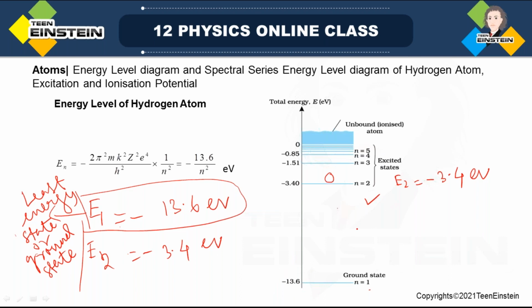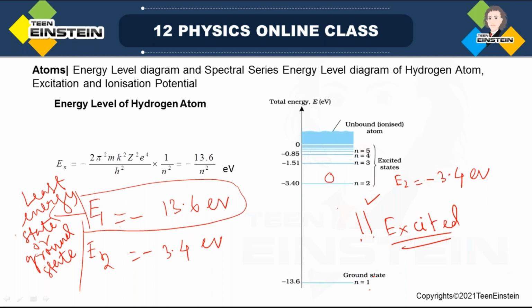When the energy of any system is increased, that system is called excited. The system is excited. So the hydrogen atom is excited when the electron is situated at any energy level other than n is equal to 1, the ground state.